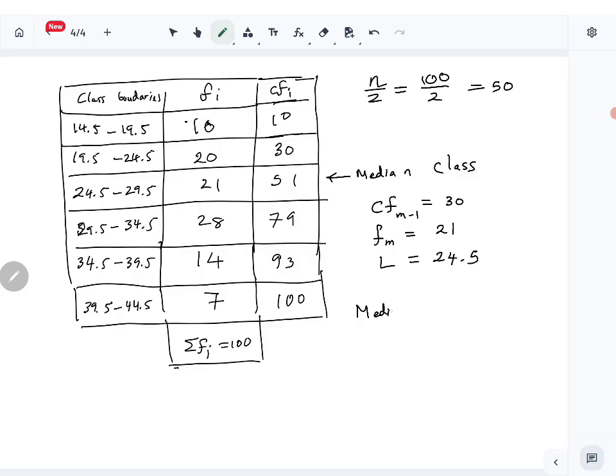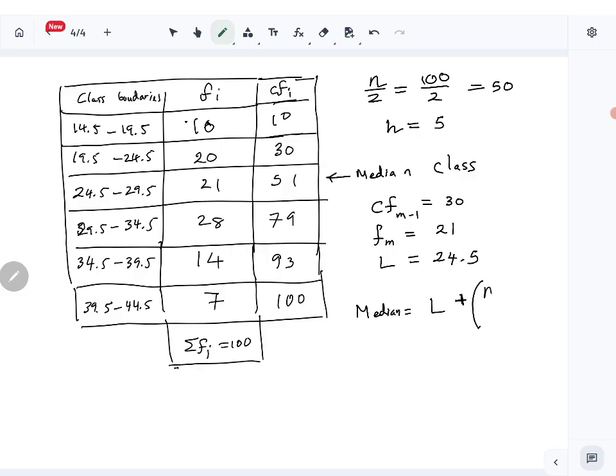Median is given by the lower boundary of the median class. I forgot one term, h, the class size. Class sizes are all 5.